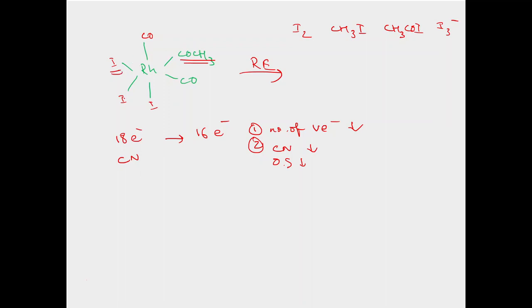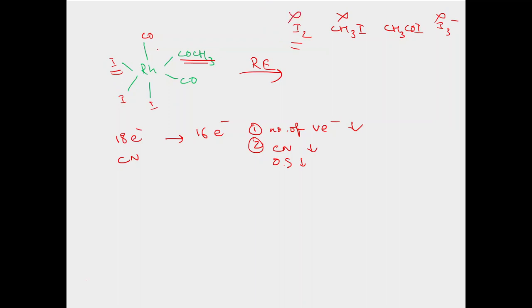CH3 already got migrated inside that carbonyl ligand, so CH3I can't be the option, I3 minus also no, and I2 will also not come out just like that.